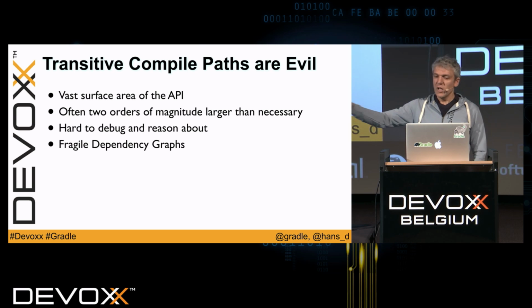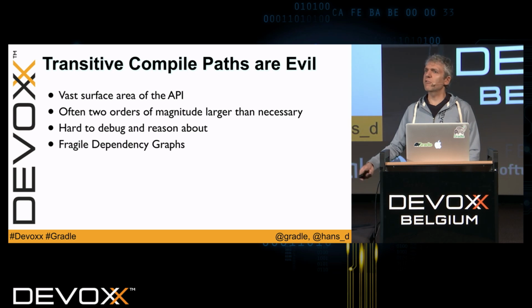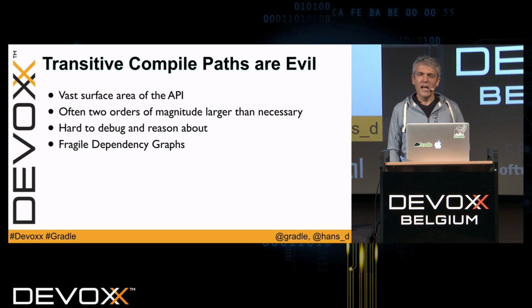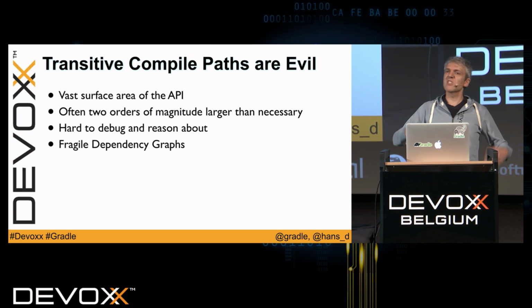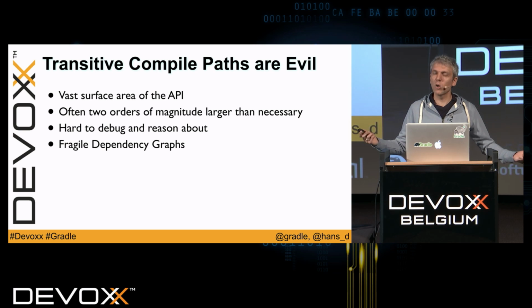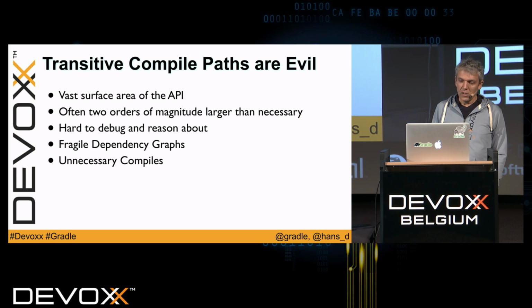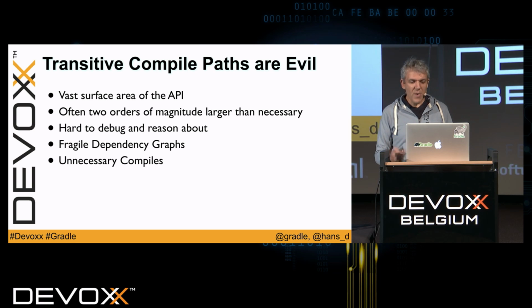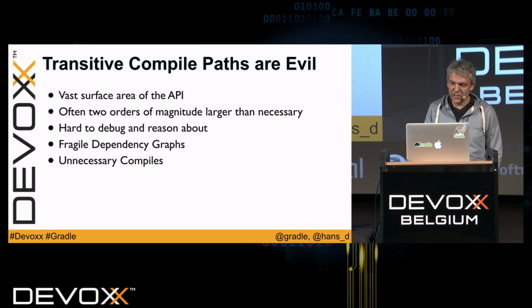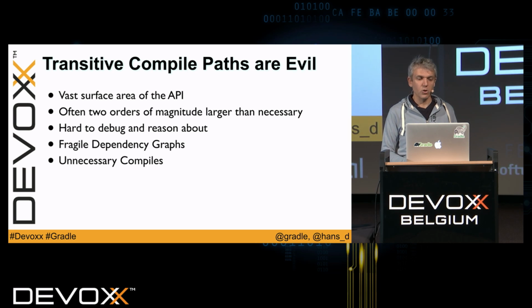If you depend on some of the dependencies in a transitive path that is deeply nested, and then you remove the parent dependencies, all of a sudden you're wondering, why is my code no longer compiling? The vast surface area leads to many, many unnecessary compiles, especially in larger projects where this hurts the most.